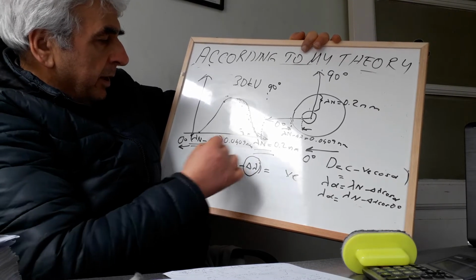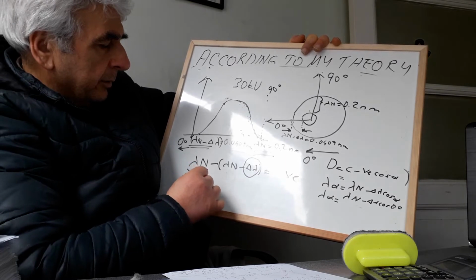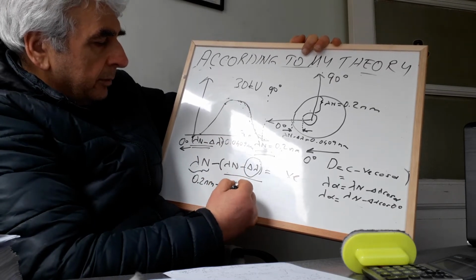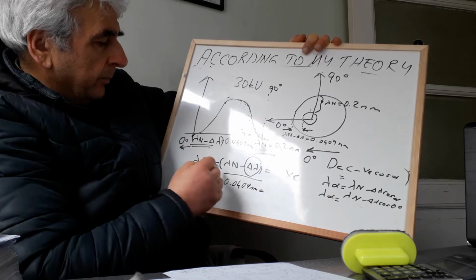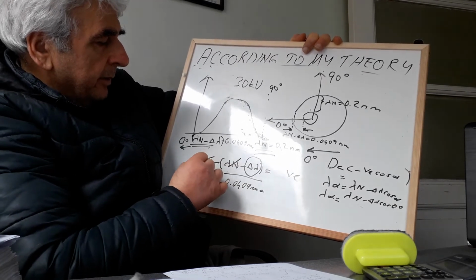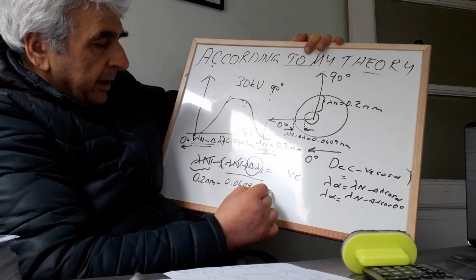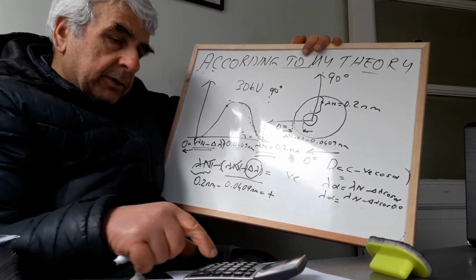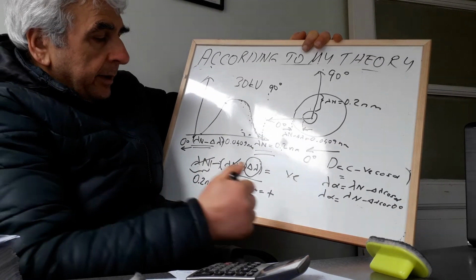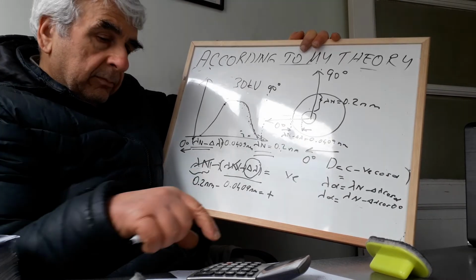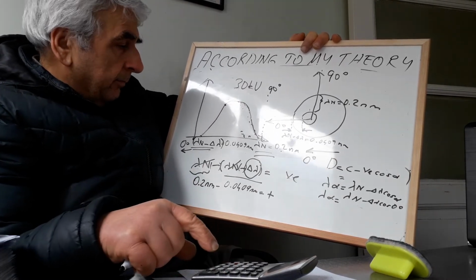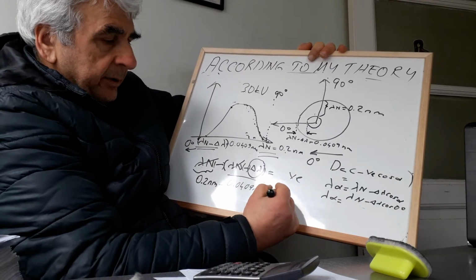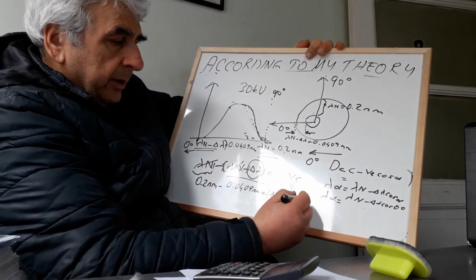Here, λn, we know, 0.2 nanometer minus λn minus Δλ is equal to 0.0409 nanometer. Cancel these two, and plus Δλ equals 0.2 minus 0.0409, which equals plus 0.1591 nanometer.